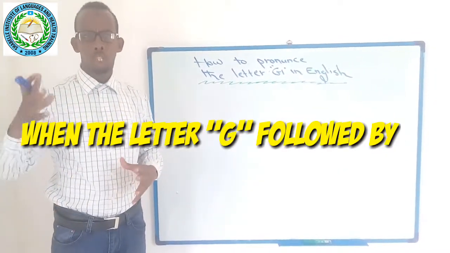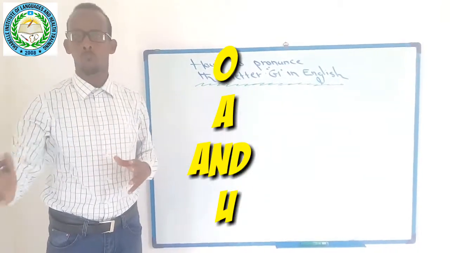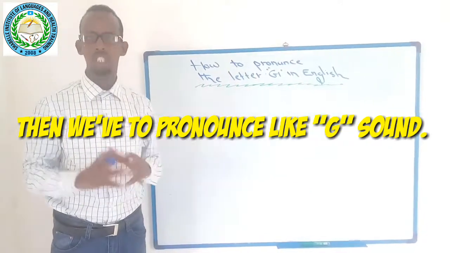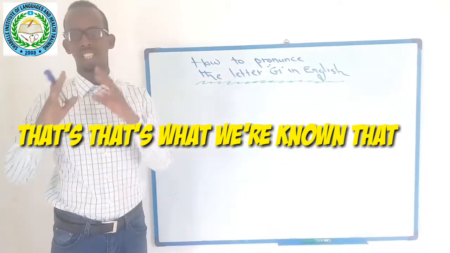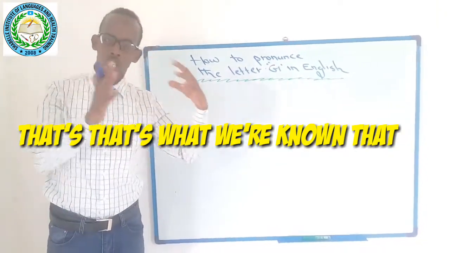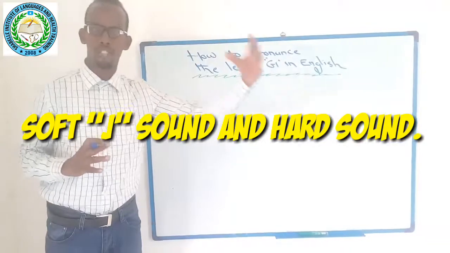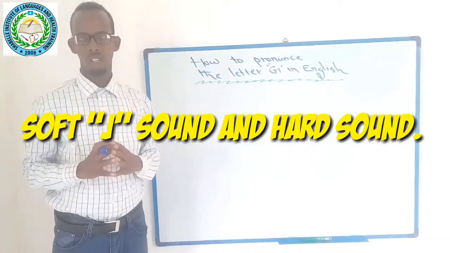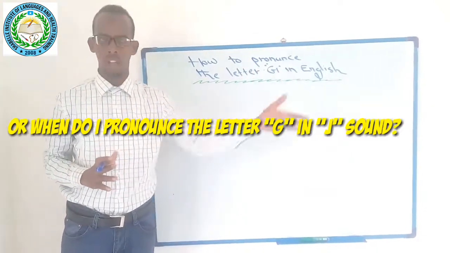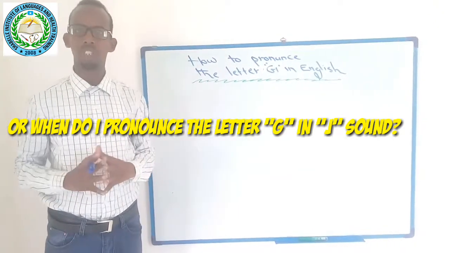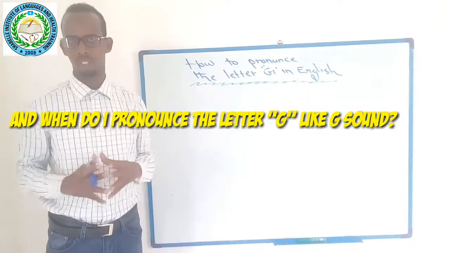When the letter G is followed by A, O, and U, then we pronounce it like a G sound. So, when do I pronounce the letter G with a J sound, and when with a G sound?